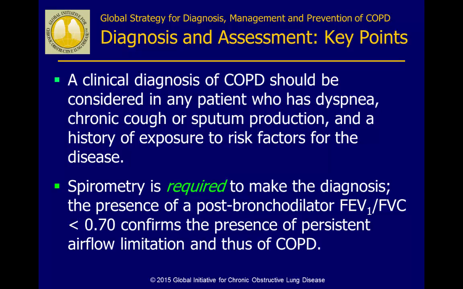Before we go into diagnosis and assessment key points, let's talk briefly about the comparison of the major two components of COPD. Remember that COPD comprises chronic obstructive bronchitis and emphysema. So, what is chronic bronchitis?